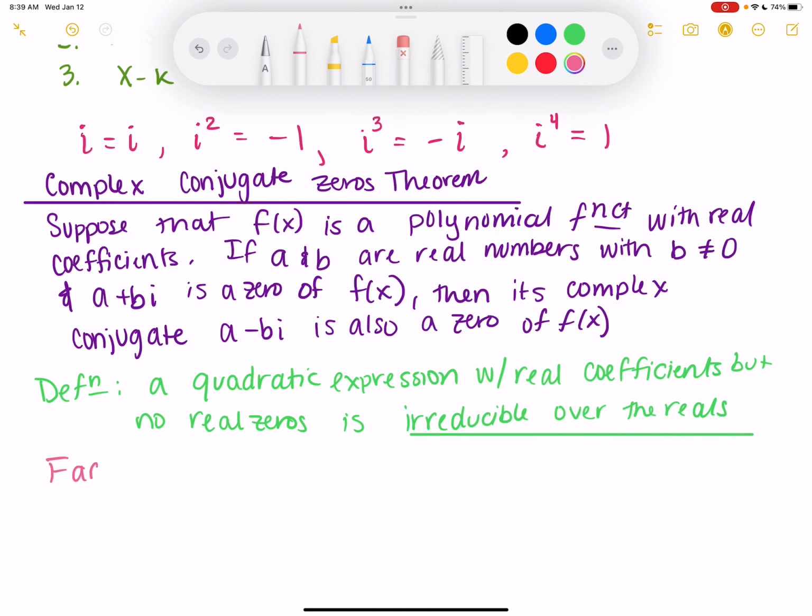Factors of polynomials with real coefficients.